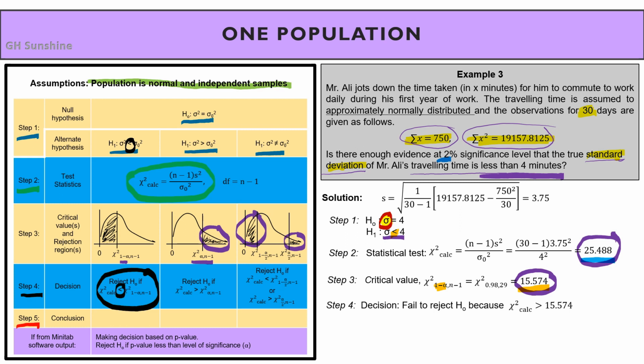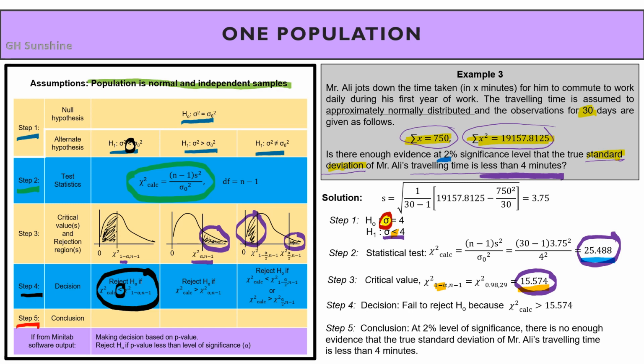Okay, next, what is the conclusion? At 2% level of significance, there is not enough evidence that the true standard deviation of Mr. Ali's traveling time is less than 4 minutes.